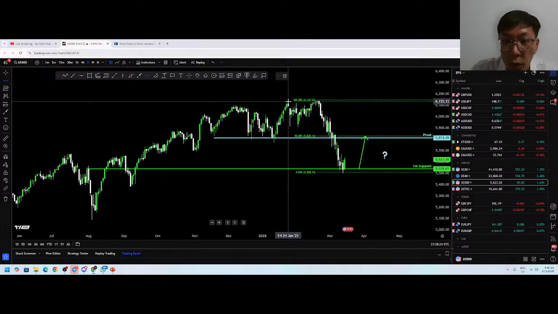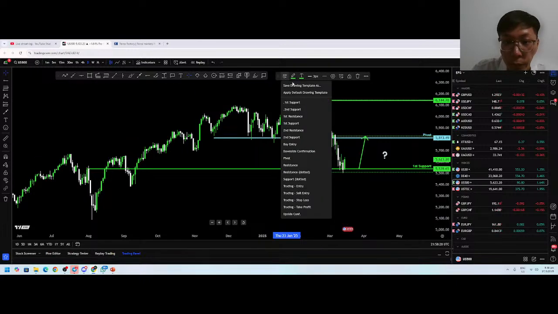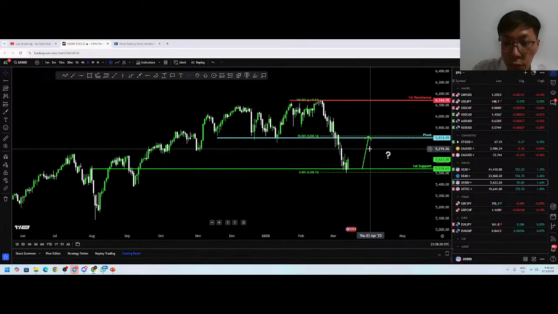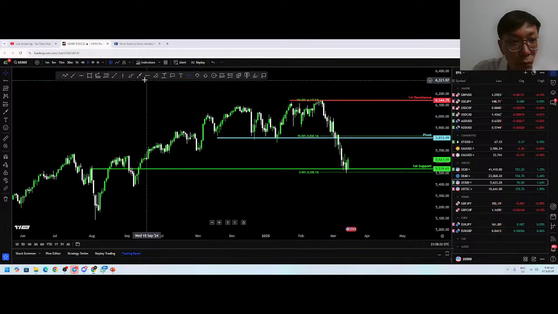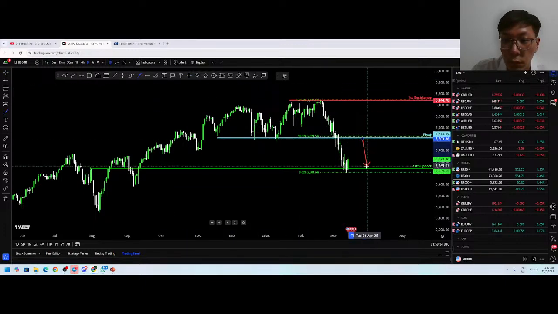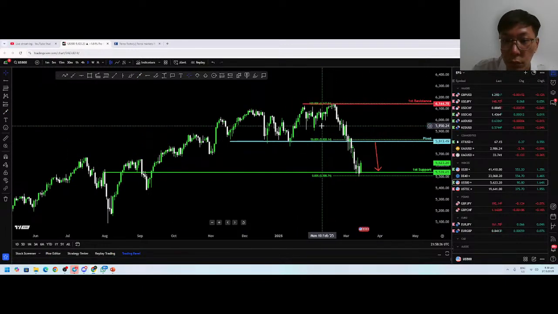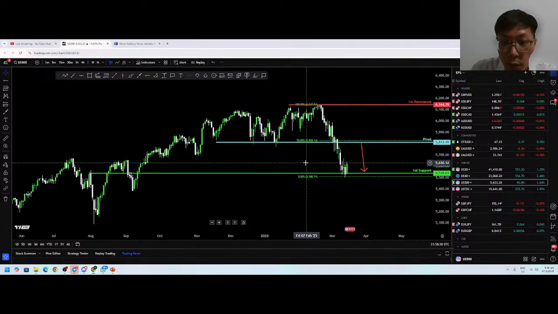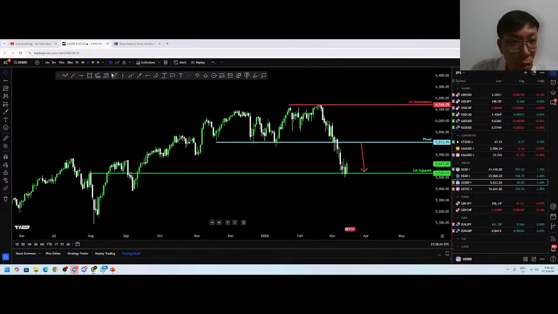Okay, resistance level will be this highest. Okay, very simple stuff.